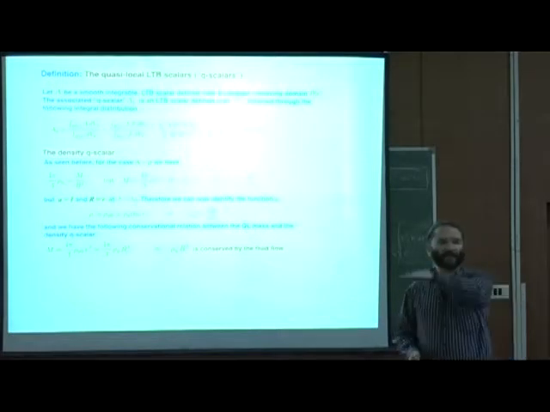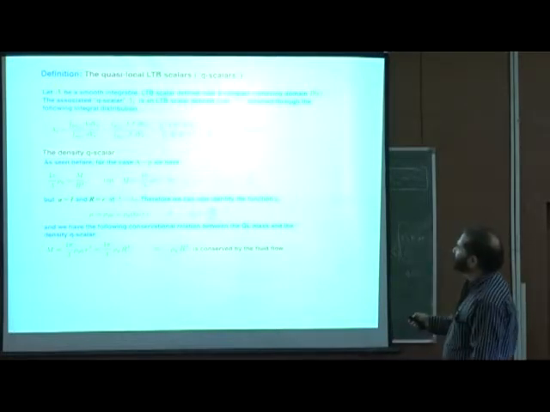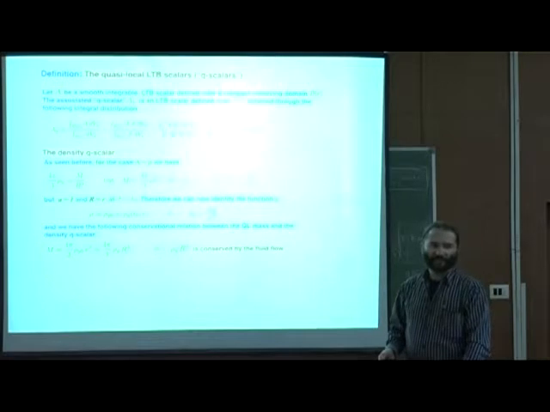That's the coordinate choice that we used last class. Therefore, we can now identify the function mu. Mu is really the quasi-local density evaluated at T0. This is the initial quasi-local density.